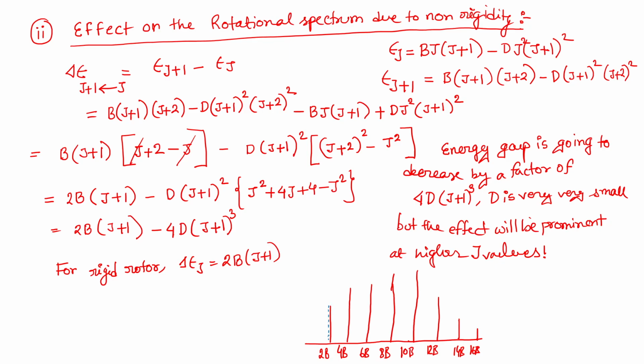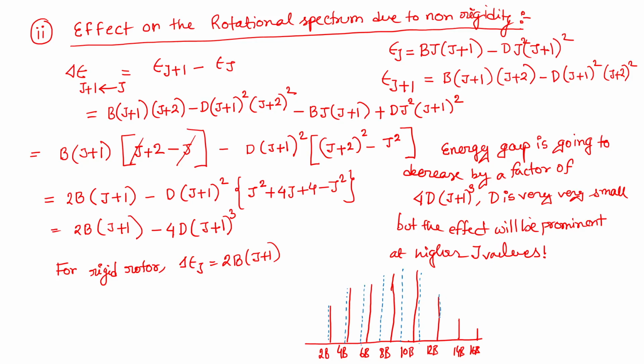As you can see, for j equals to 0, the change is very less. Now what will happen for j equals to 1? The change is a little more prominent, and for 6B it is further prominent, and for 8B it is prominently blue shifted. For 10B it is also prominently blue shifted. 12B it will also be prominently blue shifted.